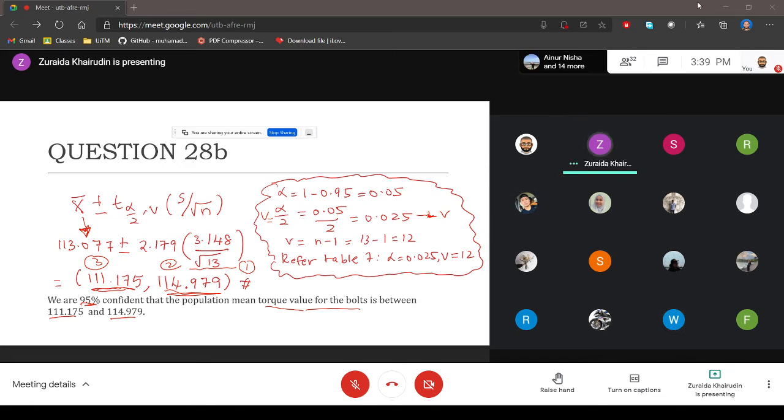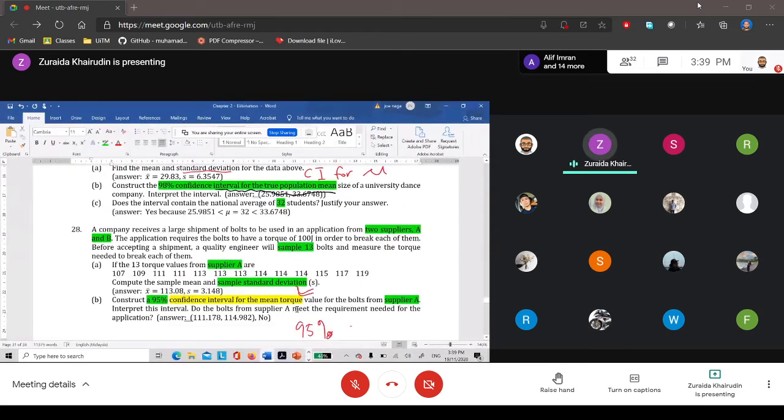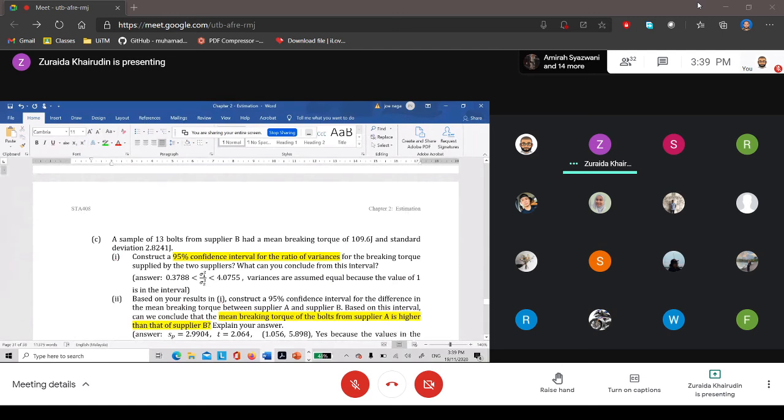Then 28C. Okay, you read 28C. Okay, we read the question: a sample of 13 boxes from supplier B had a mean breaking of 109.6, and also standard deviation.